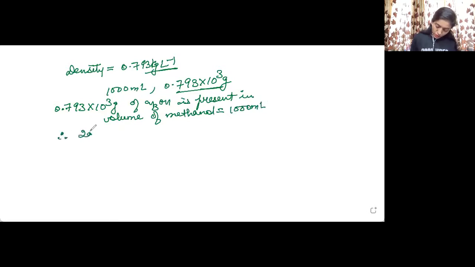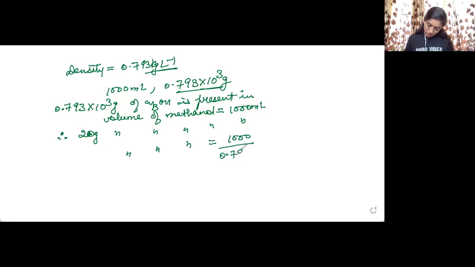Therefore, 20 gram of methanol is present in a volume of methanol equal to 1000 upon 0.793 multiplied by 10 raised to the power 3, into 20.